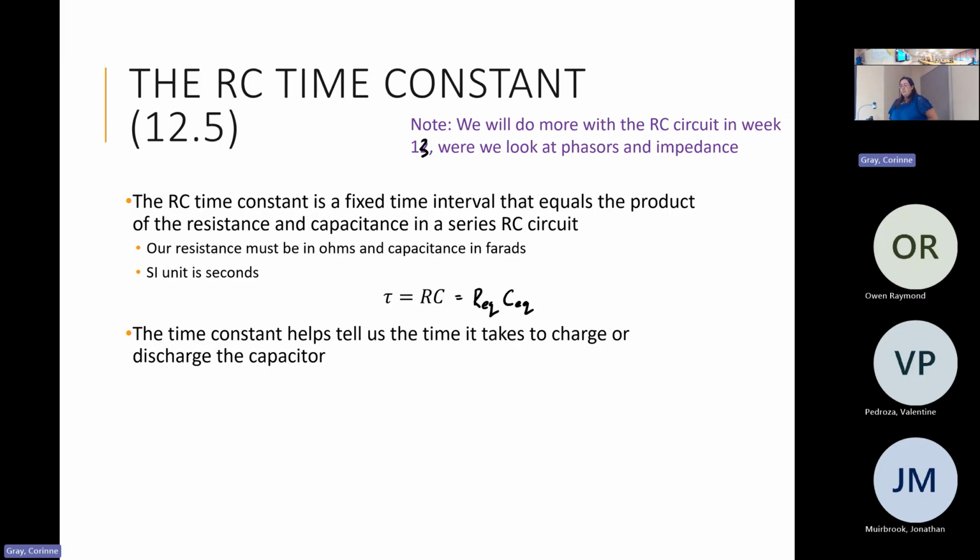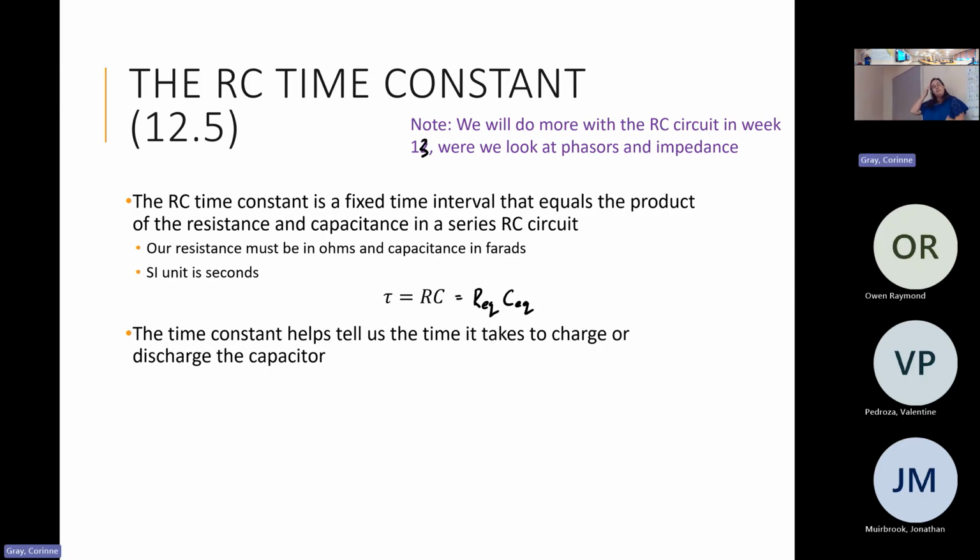What it's also going to help us do is start comparing. So today we're doing RC. Next week on Tuesday, we're going to do the RL, the resistor inductor circuit. And by using the time constant, the equations that we're going to have for current and voltage are going to look exactly the same.